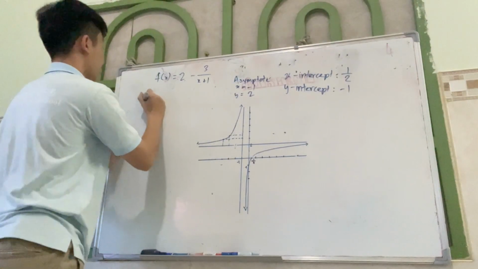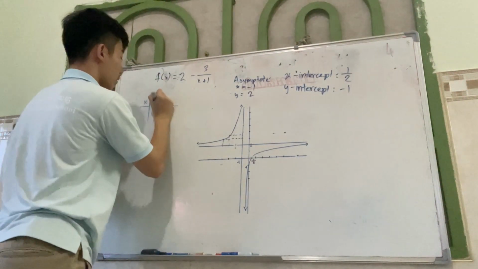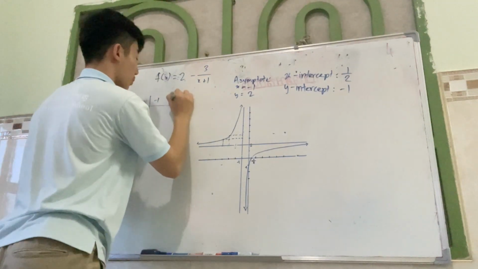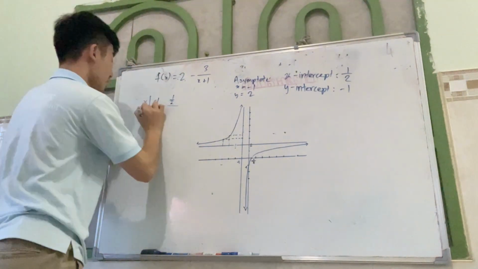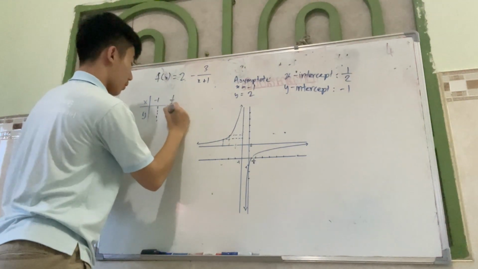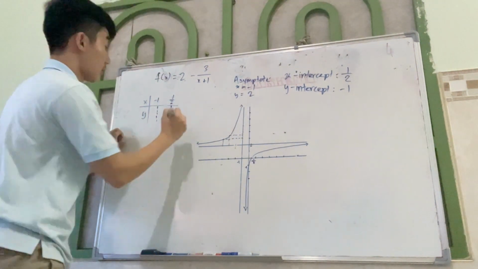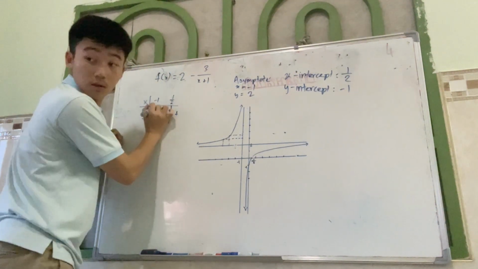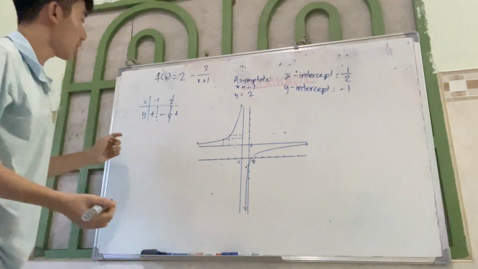Our sign diagram is this: x, negative 1, and 1 over 2, and over y, this one is undefined and this one is equal to 0. This one is plus, minus, plus, which I explained earlier.